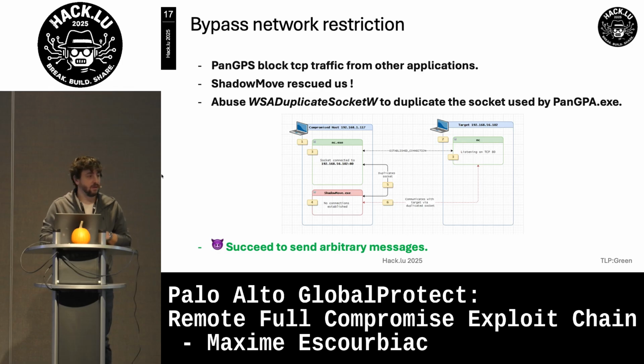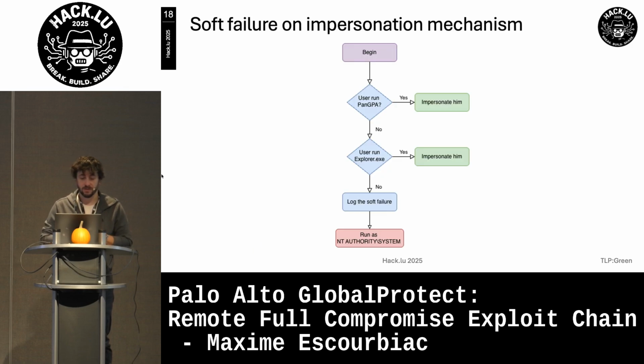The second one: by observing how the update and upgrade mechanism works, we saw they use impersonation. We know impersonation can bring a lot of vulnerabilities because you have to validate the origin, the message, etc. So we reversed that function, and we detected that it checks all the processes run by the users.